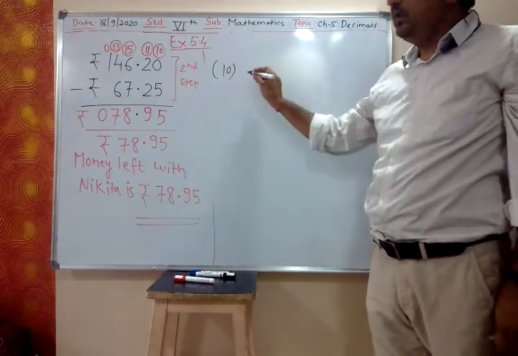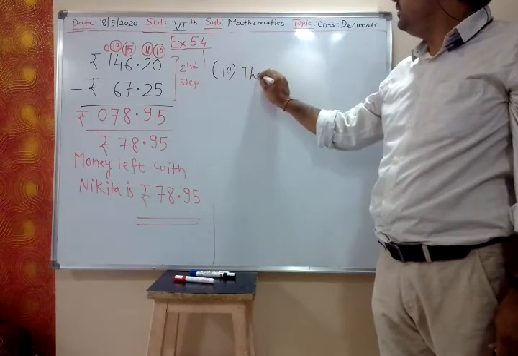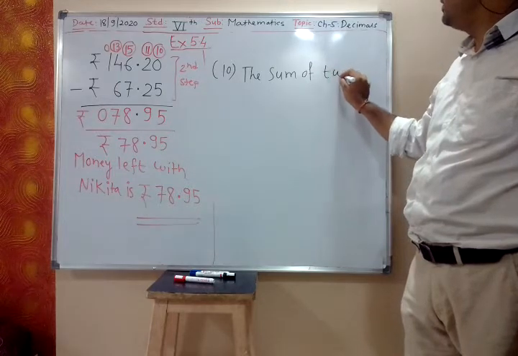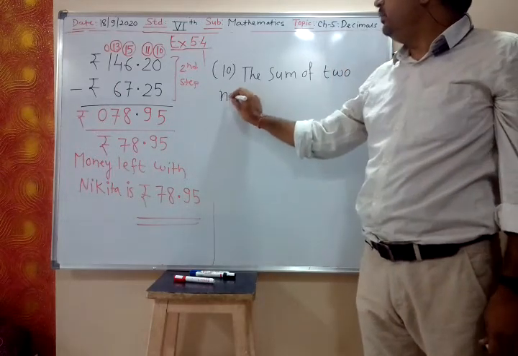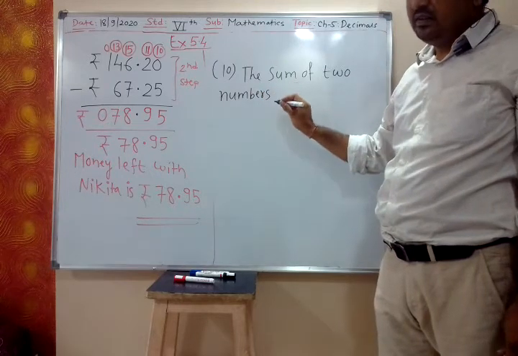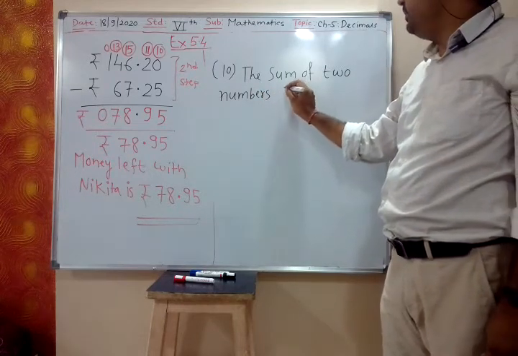The sum of two numbers. The sum means addition. The sum of two numbers is 153.62.